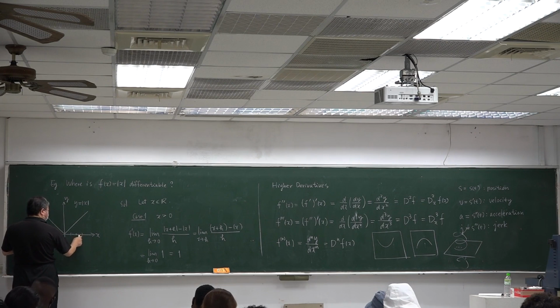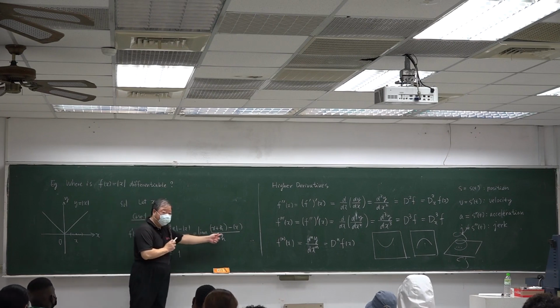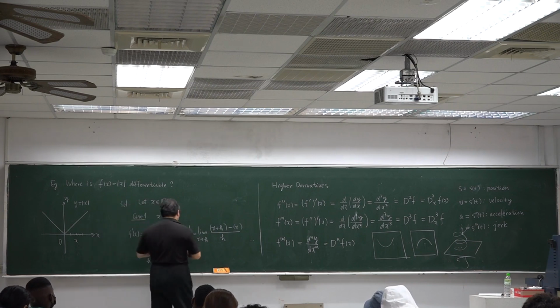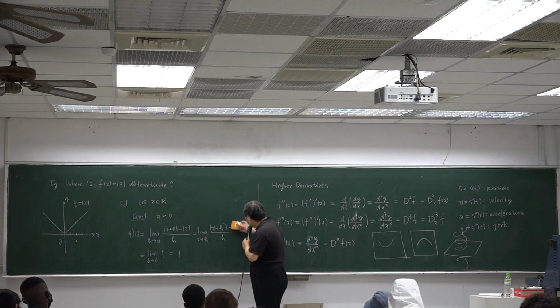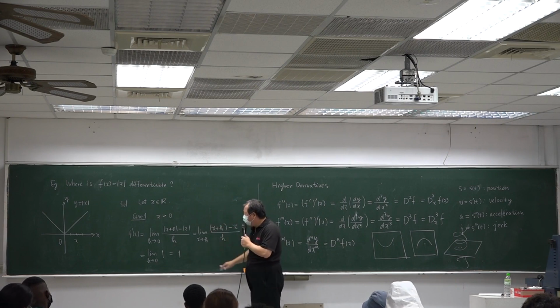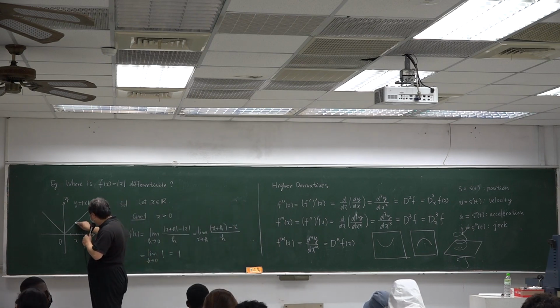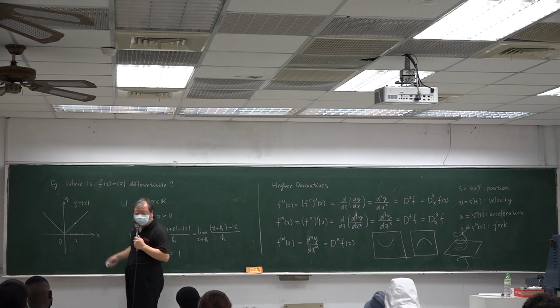On this interval, this number will be positive, so the absolute value of x plus h is x plus h. So by the property of the absolute value, this is x plus h and this is x. Then x and x cancel, h and h also cancel, meaning the slope of the graph here is 1. Of course, because this is part of a straight line. The slope is 1.